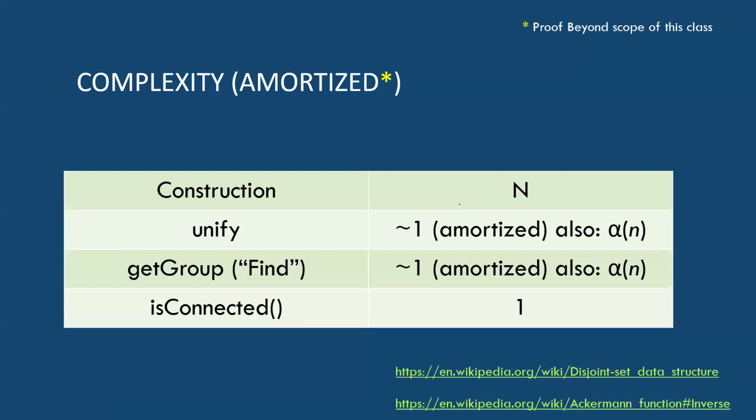So all of these things are essentially constant. And if you really like math functions and you want to read about the Ackermann function, we will not do this analysis here, but there have been proofs done that show that this function is constantly growing, but it is so slow that for a billion of n, it's like 5, right? So it's never going to really get very big in a real world scenario.